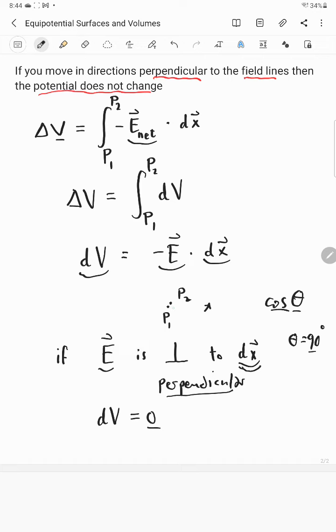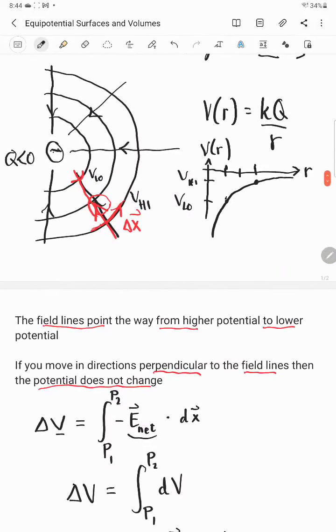So if these two positions were this way and the electric field was this way, that's an example of the dx vector being perpendicular to the electric field in the background, right? And that's what's happening up here. If you imagine, you've got positions that are close to each other, and as you move between them with a displacement vector, the electric field is perpendicular.